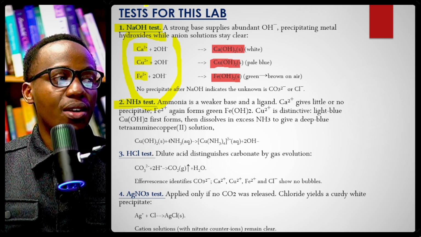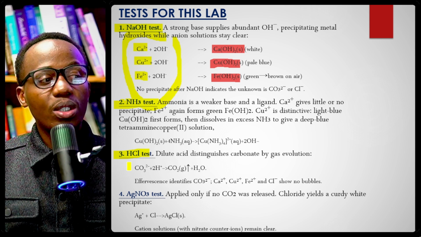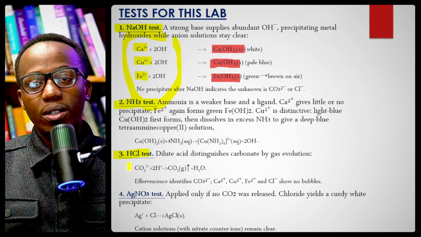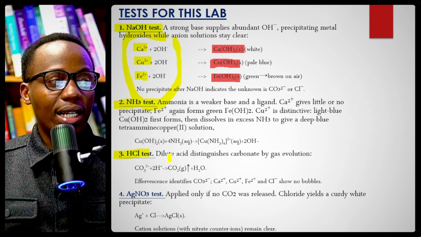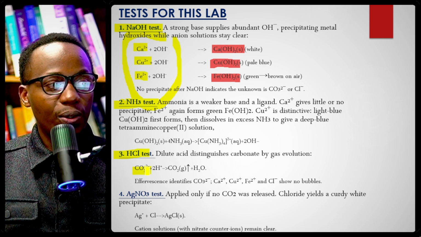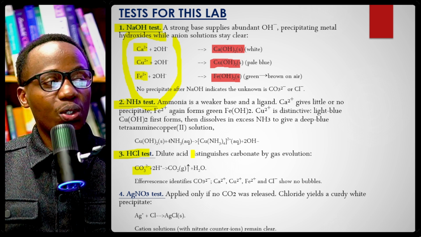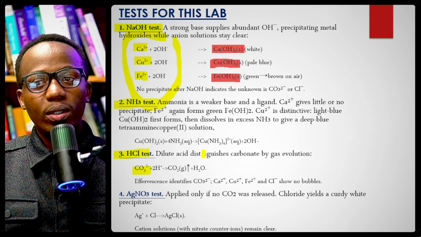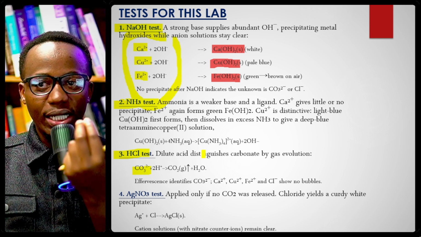And then from there, you're going to look at the HCl test. In this HCl test, we're going to be testing our anions. Why? Because if you add acid to a certain anion, such as carbonate, you can actually make what we call effervescence, or produce bubbles, which is gas.